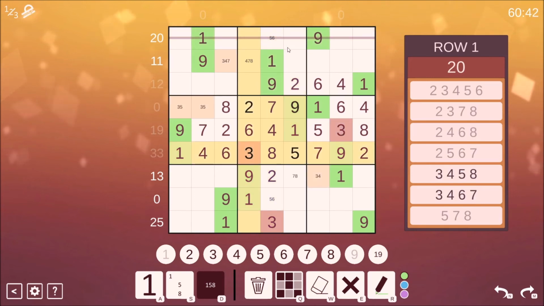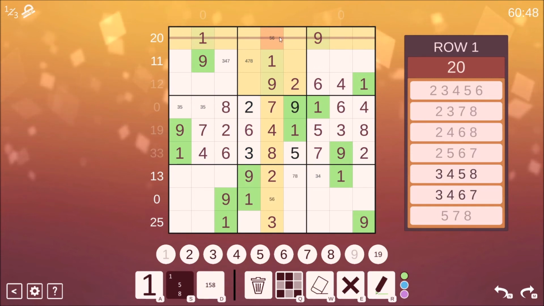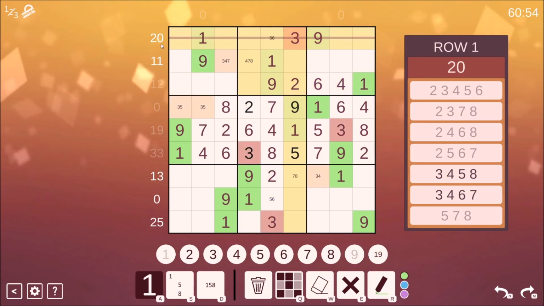Now, this 3 tells us we cannot have a 3 there. We cannot have a 3 here because of this 5-6. We also cannot have a 3 here because of this 2. So we can't place a 3 right there.